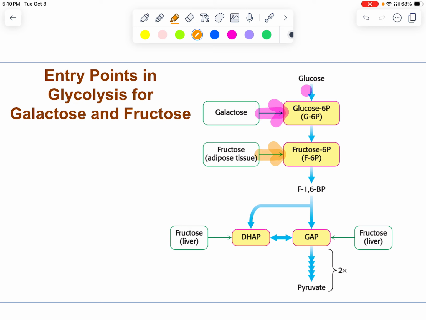And when that happens, there'll be several steps, but it gets converted into one of those 3 carbon molecules we have right at the end of the energy consuming first 5 reactions from glycolysis. So fructose that you have in your diet, from high fructose corn syrup and things like that, gets dropped in right at the end of that energy investment phase of the glycolysis pathway.